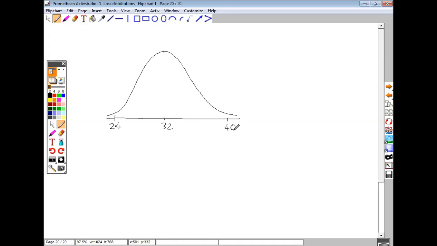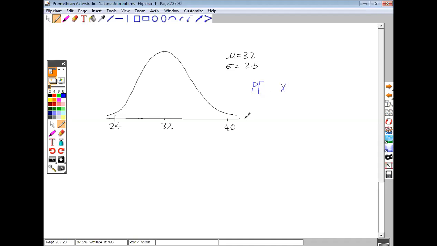Now I have defined my mu here. So I have written my mu to be 32, and I have my sigma as well, which takes a value of 2.5.